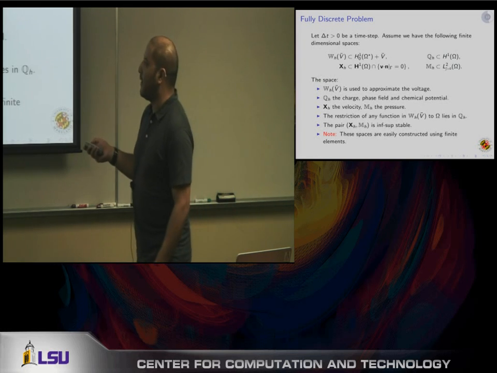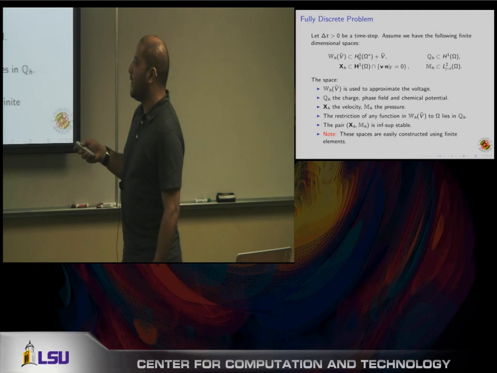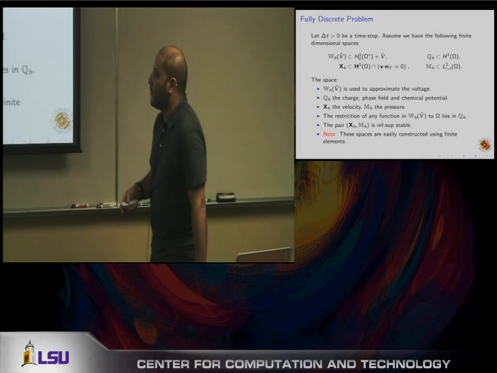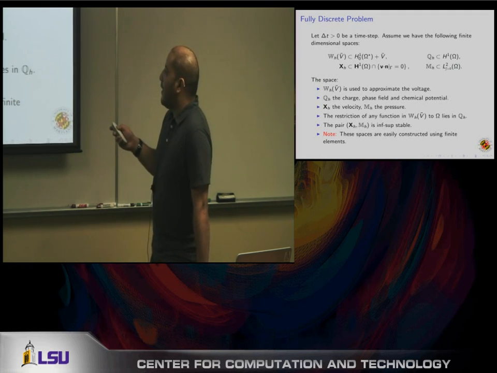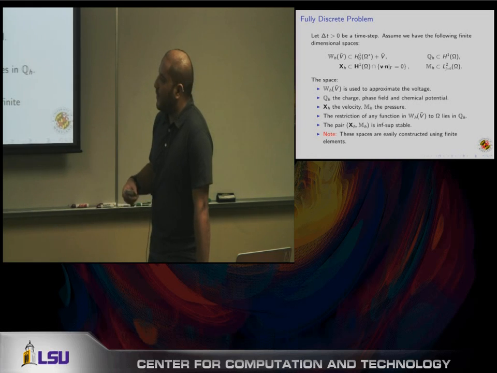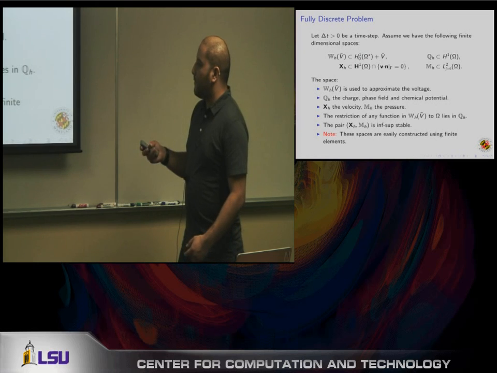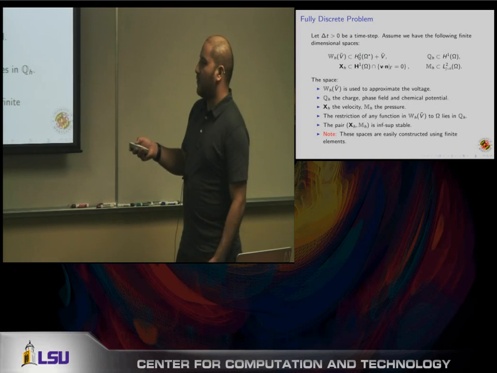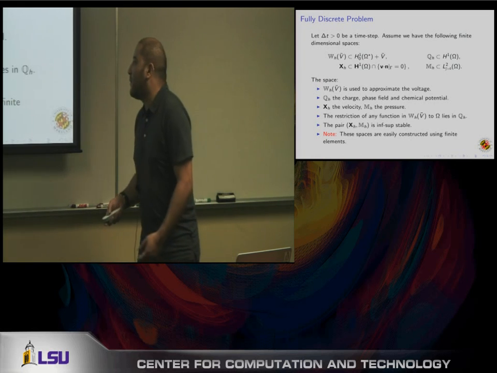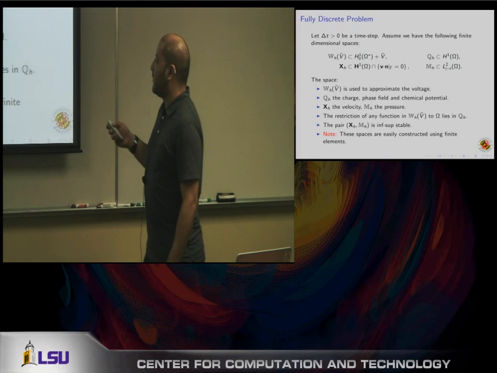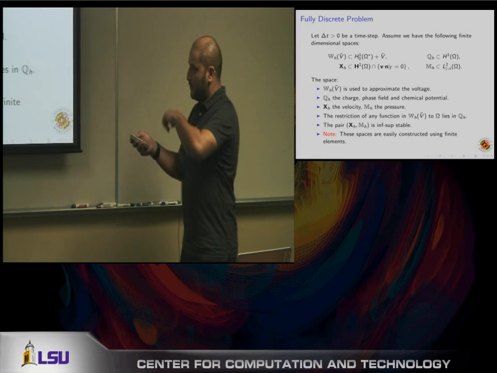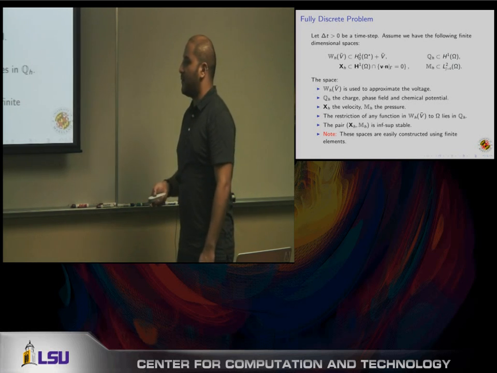And as I think you guessed, the space W we're going to use to approximate the voltage. This one we're going to use to approximate the charge, the phase field, and chemical potential. You don't have to use the same space for these three quantities. You could use one for the charge and a different one for the phase field and chemical potential, but let's keep it simple. And this one is for the velocity, this for the pressure.